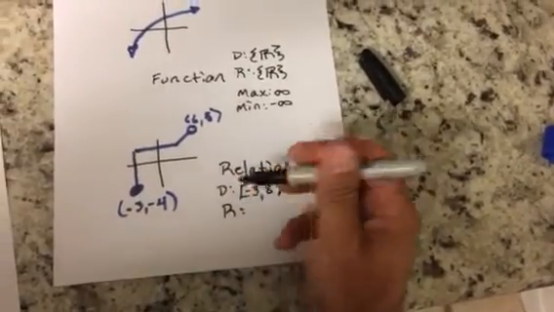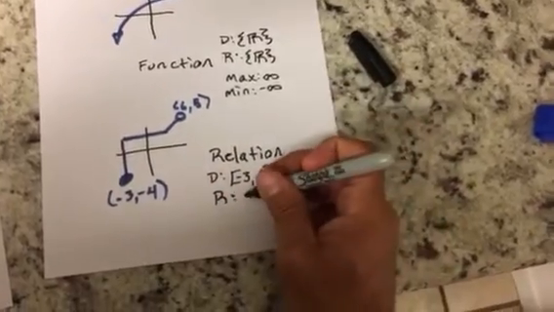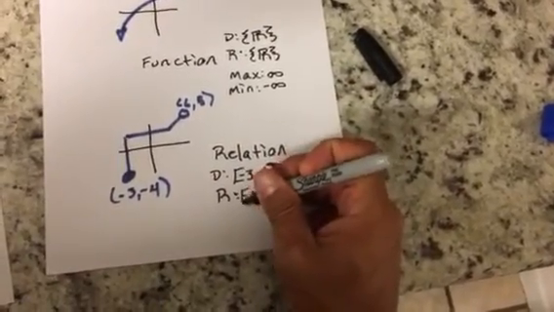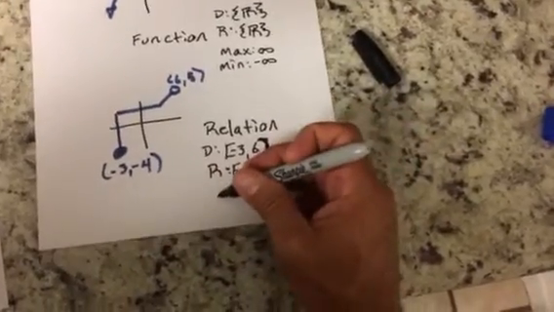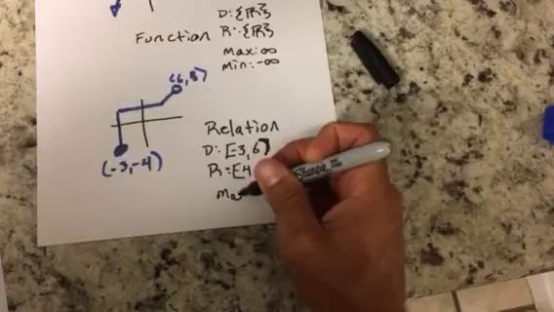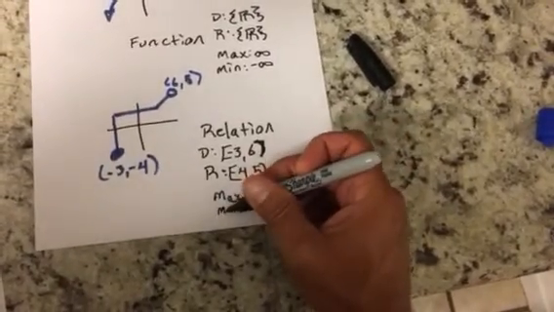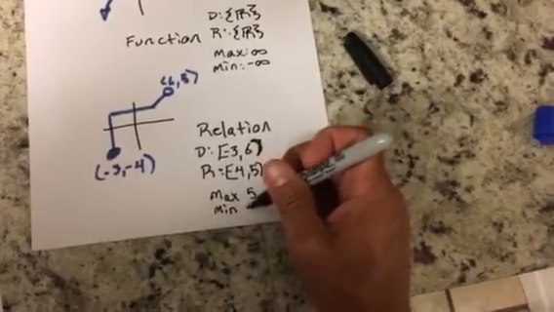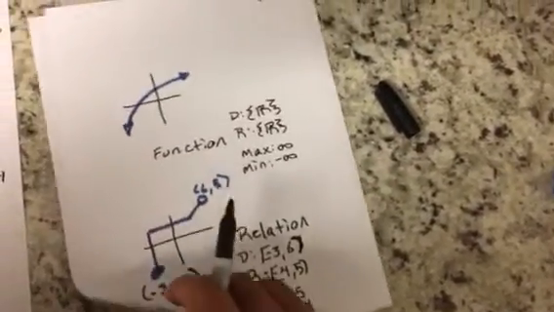My range on this is going to go from negative 4 to 5. The negative 4 is included. The 5 is not included. The maximum comes from the range. The max is going to be 5. The minimum comes from the range as well. The minimum is going to be negative 4. So hopefully that makes sense.